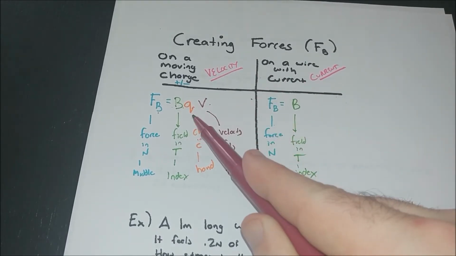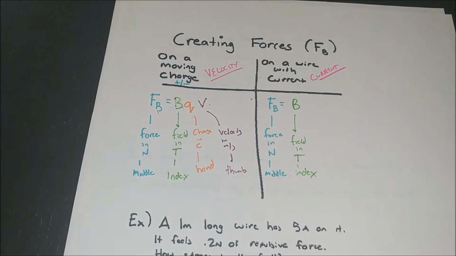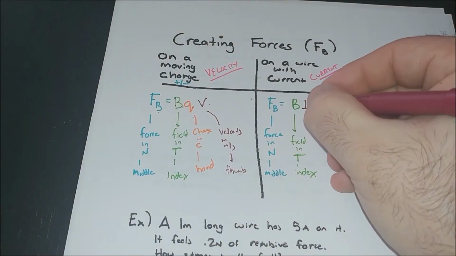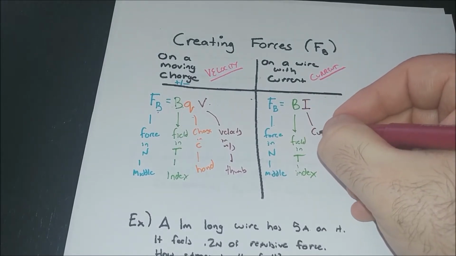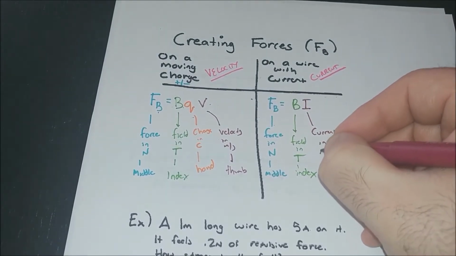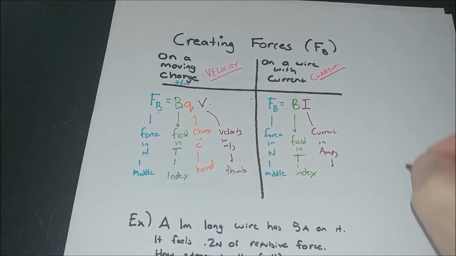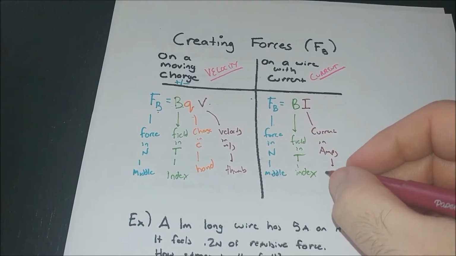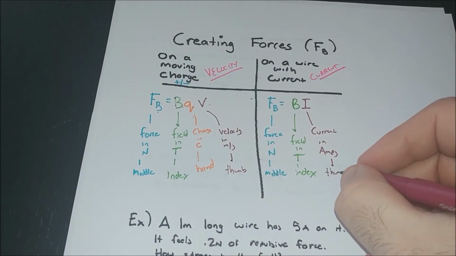Wires, however, don't have charges, they don't have velocity. Wires kind of have something else. They have current, which is letter I, and the current direction is your thumb.